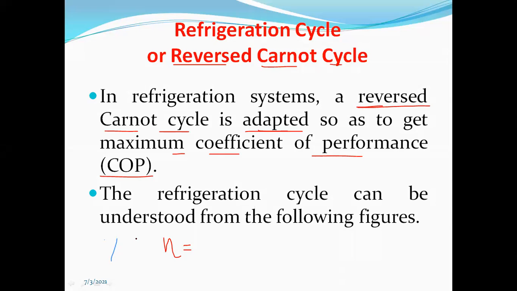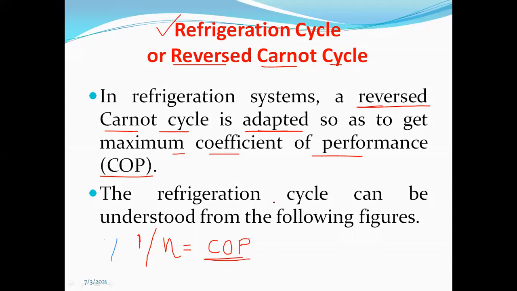Hence, the reciprocal of efficiency is equal to the coefficient of performance. This eta is not the modulus of rigidity. Eta is efficiency, and the reciprocal of efficiency is COP in case of the refrigeration cycle.